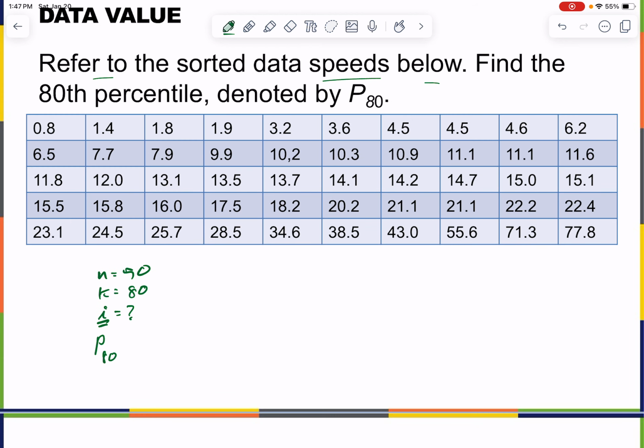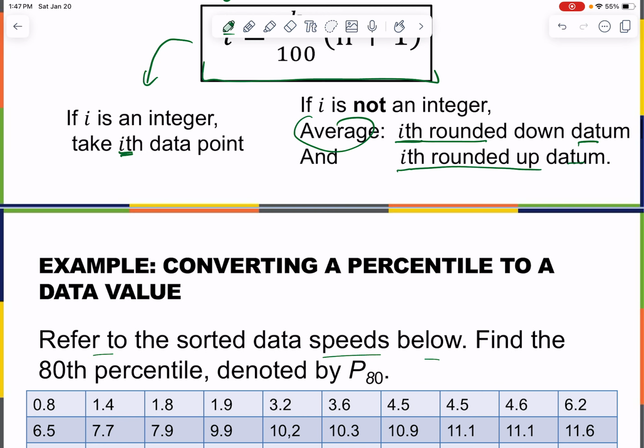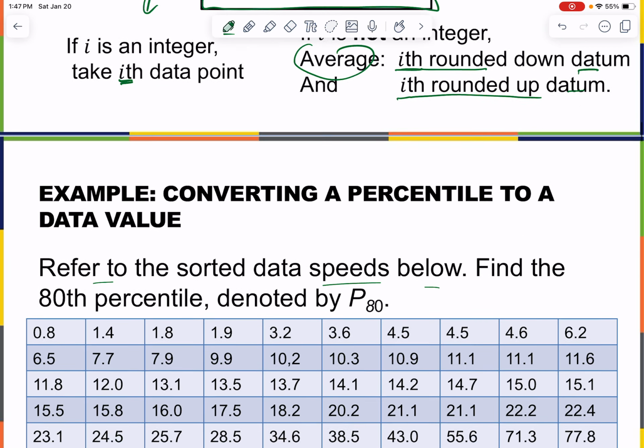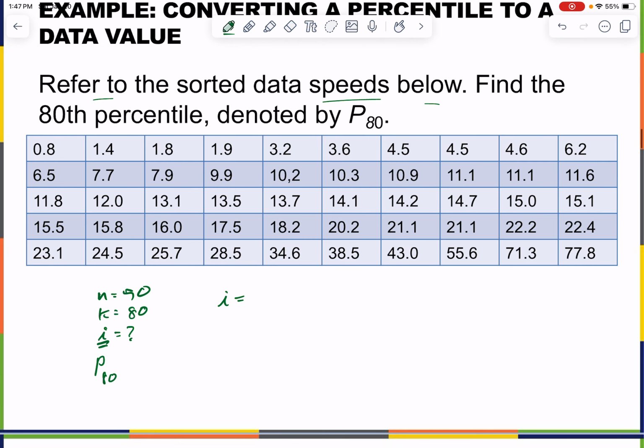All right, so we're going to put it into our formula. I equals, let's remind ourselves what that formula is, k over 100 times n plus 1. So k is going to be 80, over 100 times n plus 1. n plus 1 is 50 plus 1. So 80 over 100 is 4/5 or 0.8.